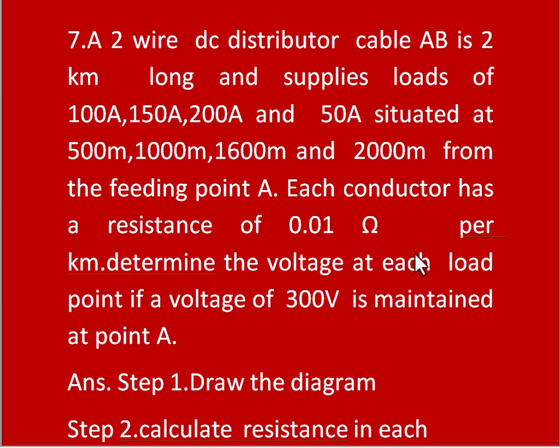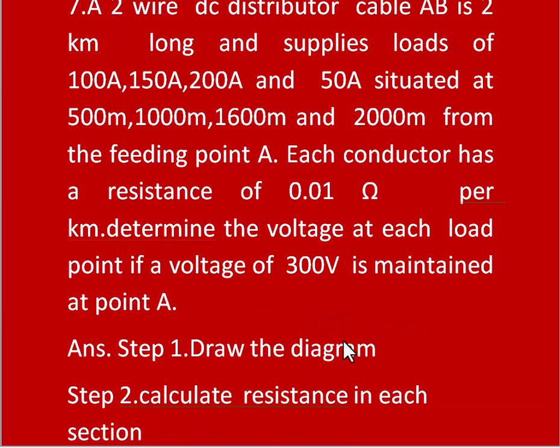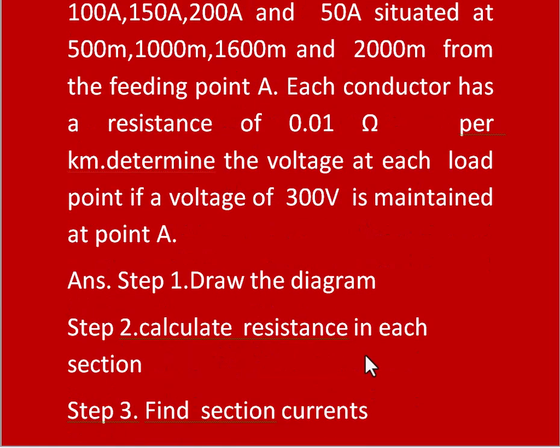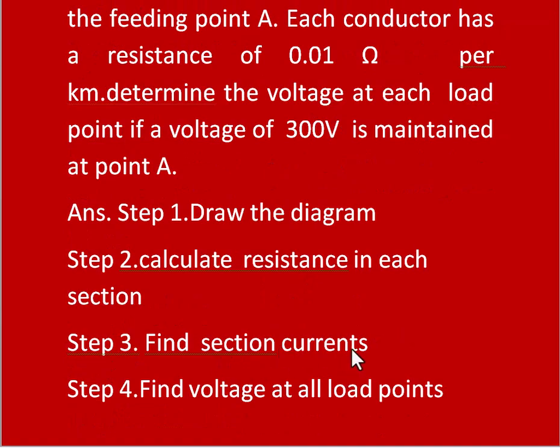Determine the voltage at each load point when the feeding point voltage is 300 volts, that is at point A. To solve this problem, first step is draw the diagram, next calculate the resistance in each section, then find section currents, then find voltage at all load points.